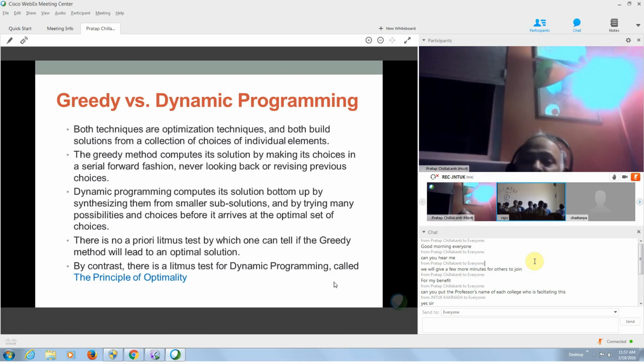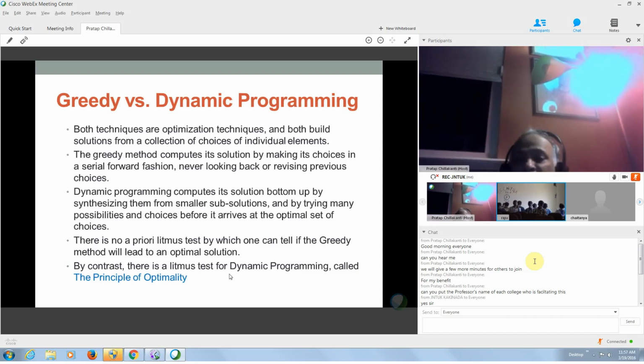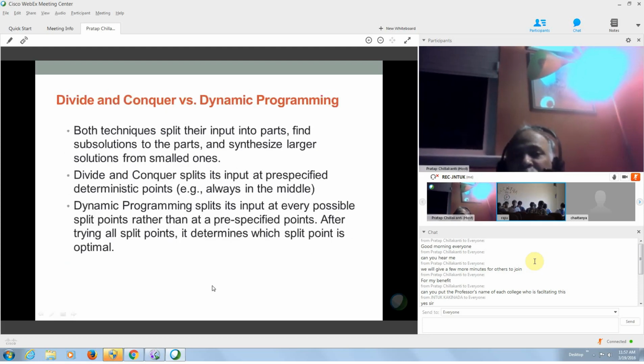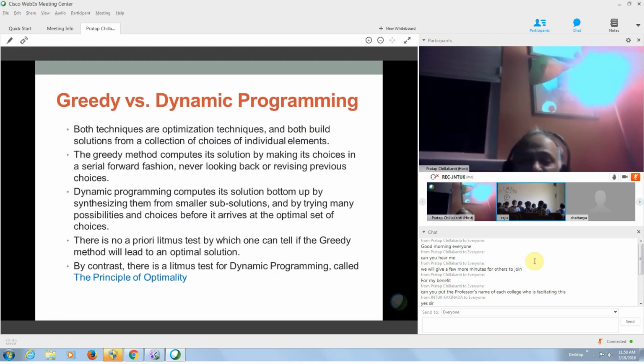Now, how do we do that selection of sub-problems? Which one is the ideal set for us? Use this principle of optimality. Okay? If you recall, principle of optimality. Okay. So what is the principle of optimality?